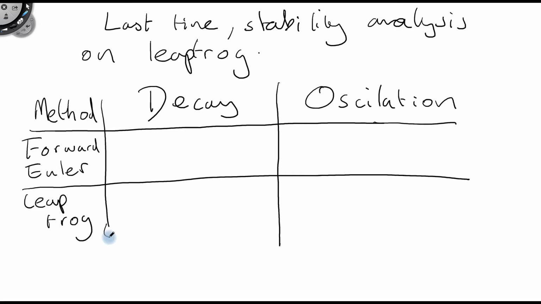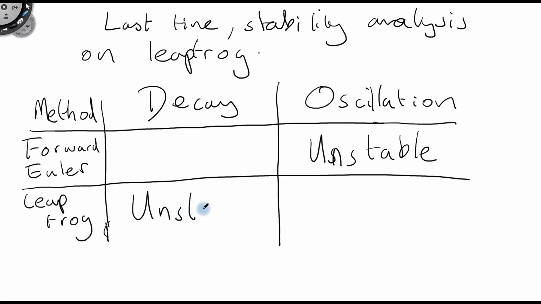And we can fill in quite quickly the unstable cases. We know that Forward Euler was unstable for oscillation. We also know that Leapfrog, because it had this computational mode, or parasitic mode, is also unstable. So you can see how it's a nuanced thing with numerics.